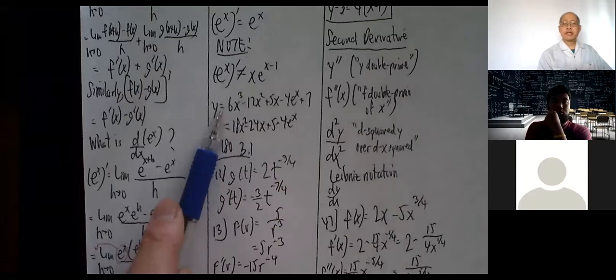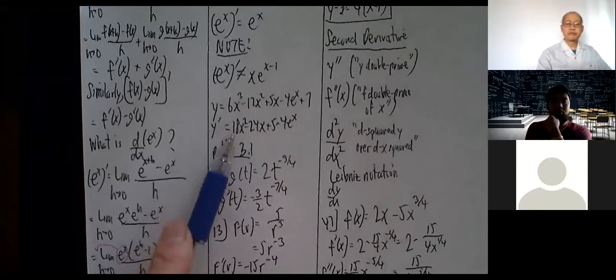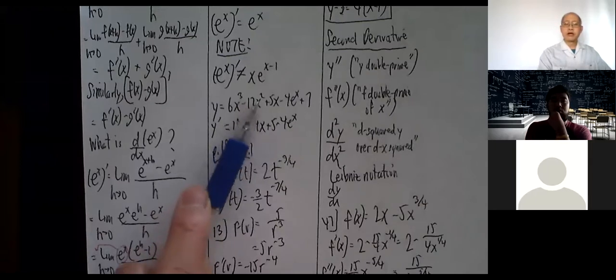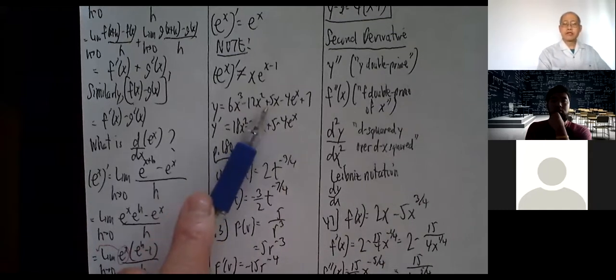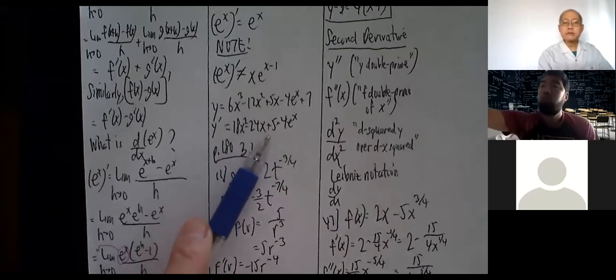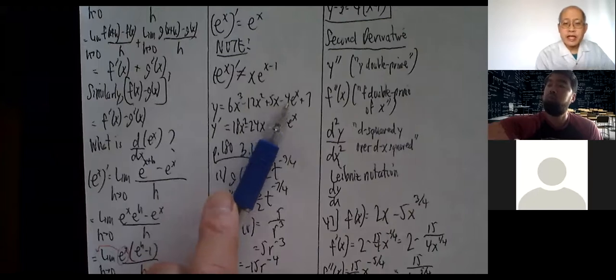Okay, so what's the derivative of 6x cubed? 6 times 3 is 18. X, subtract 1, so 18x squared. What's the derivative of negative 12x squared? 2 times negative 12, negative 24. X to the 1, and you know if it's x to the 1, just put x. Plus, what's the derivative of 5x? It's linear, so just 5. What's the derivative of negative 4 e to the x?